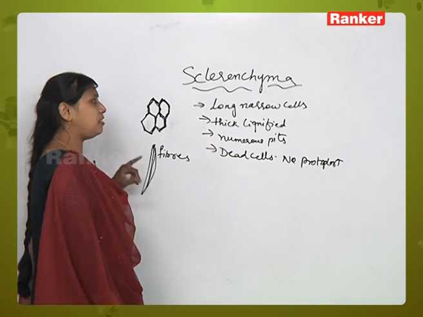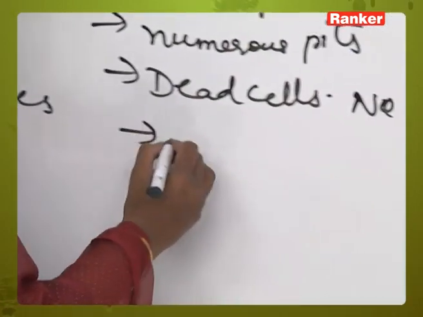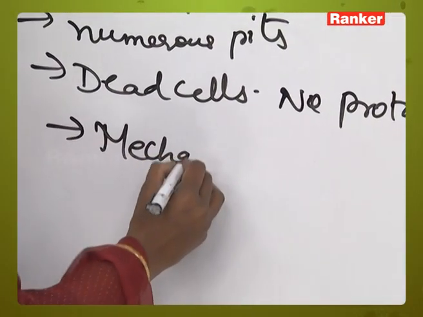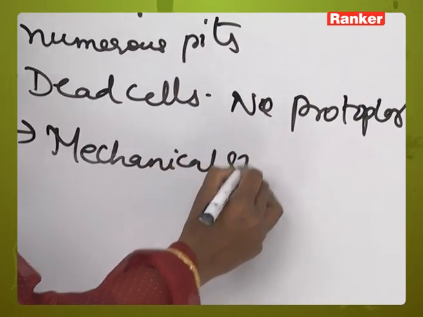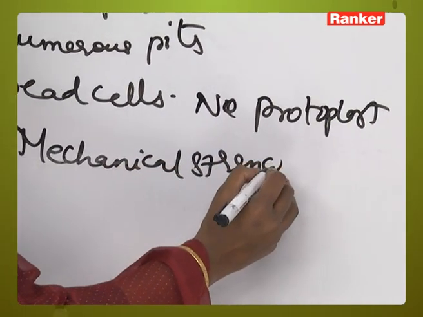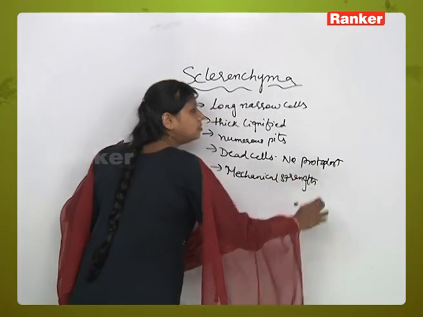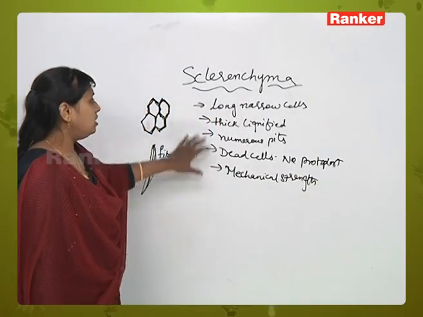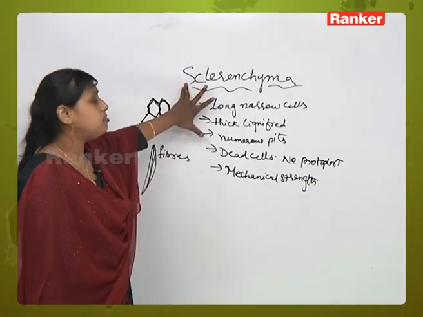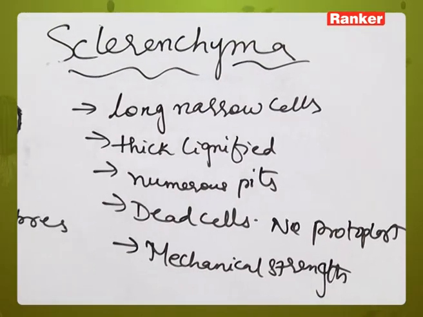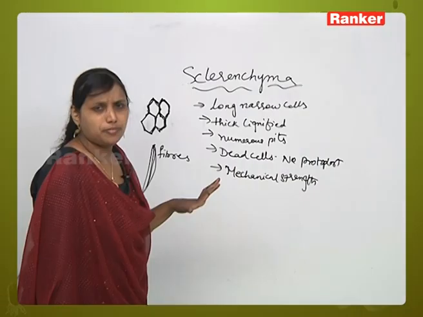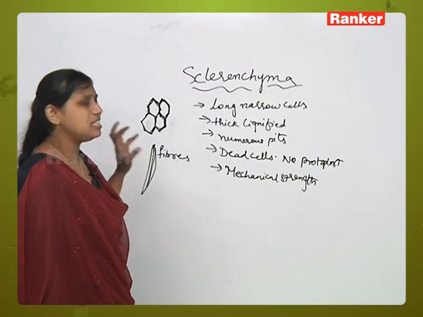The major function of sclerenchyma is again to give mechanical strength to the body. This type of tissue gives mechanical strength and protection to almost all types of organs in the plant body which has sclerenchyma.